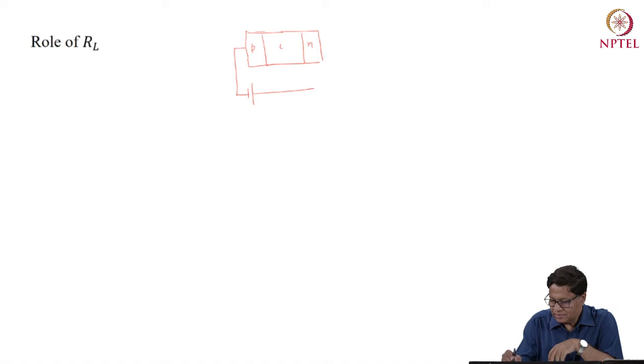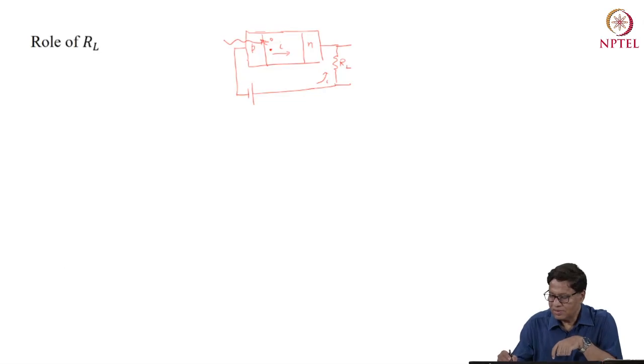And there's a resistor here, the current flows, and let us denote this as RL. And again, there are a hole and an electron generated as a result of incident photon energy, and this hole will be swept away in this direction, and this electron will be swept away in this direction.